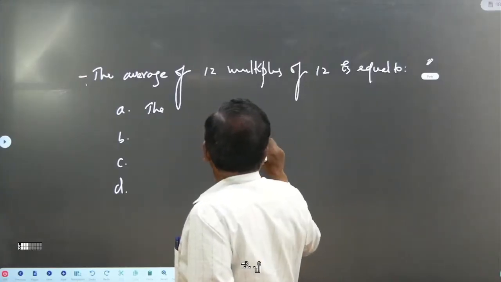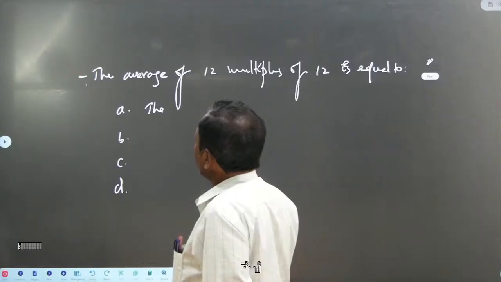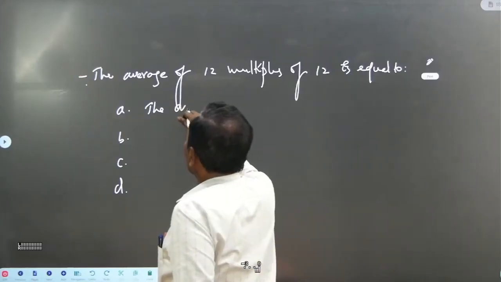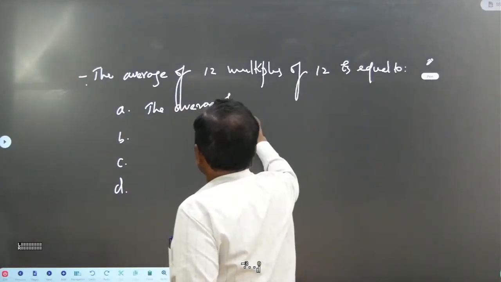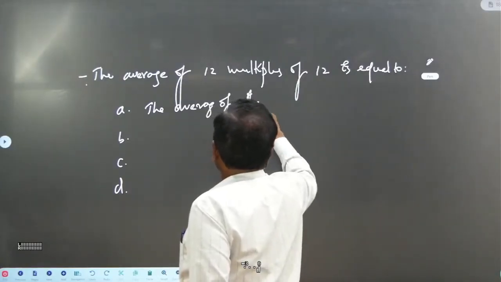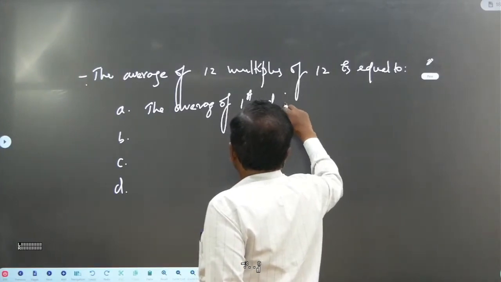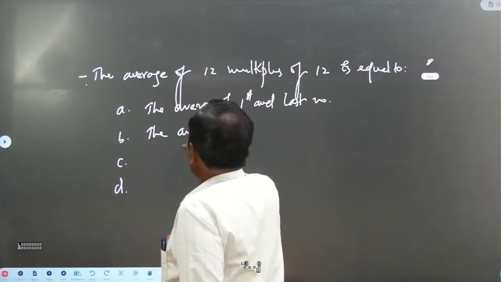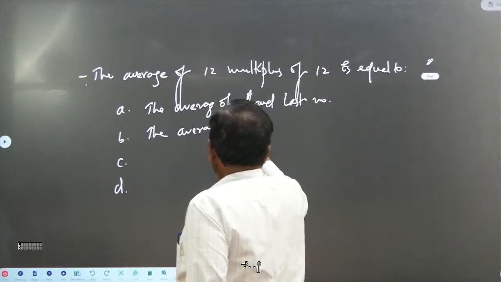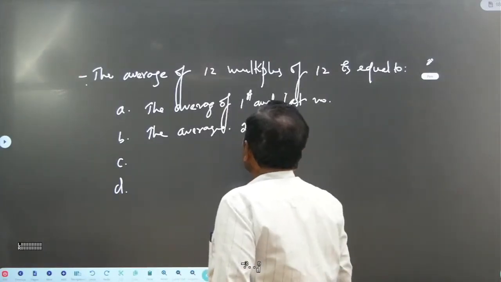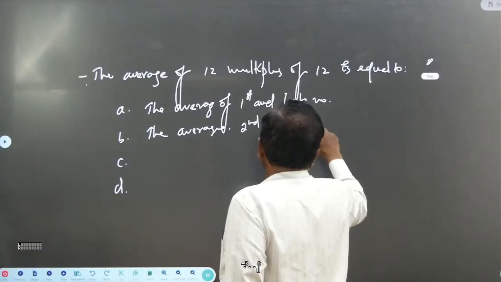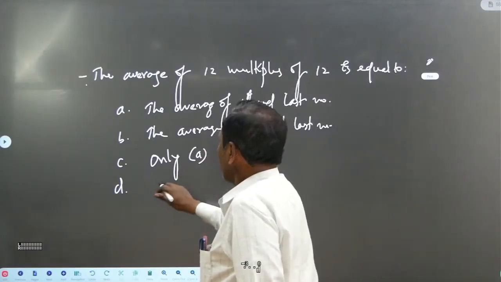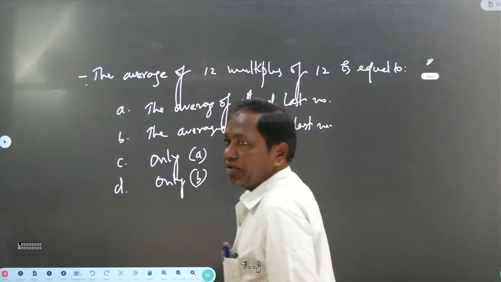The average of 12 multiples of 12 is equal to... Only B?